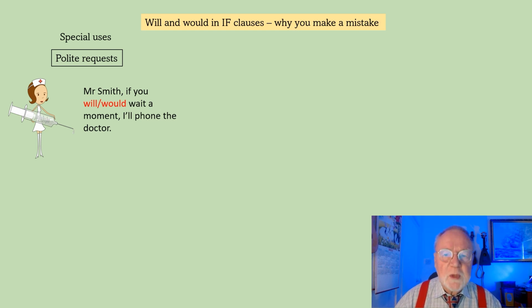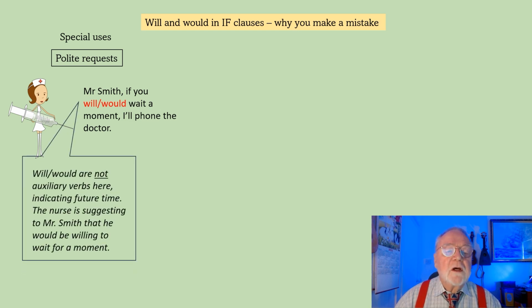Now, why can she use will? Well, she's talking about the willingness of Mr. Smith to do something. She's making a request. Will and would here are not talking about the future. They are talking about the willingness of the person who is being spoken to. That's why you can use them in the if clause.